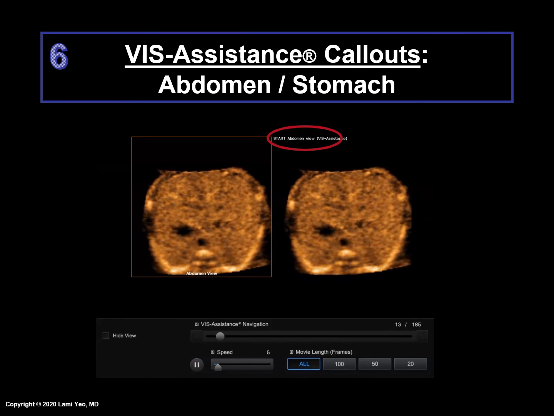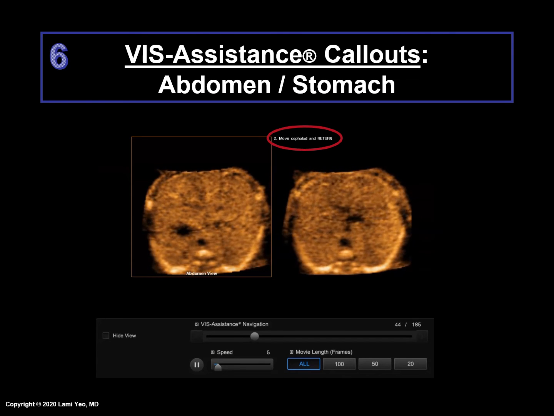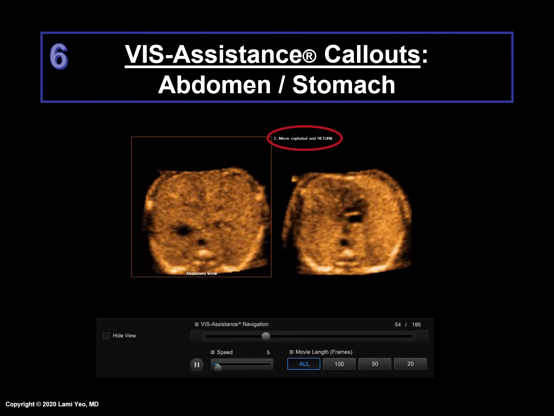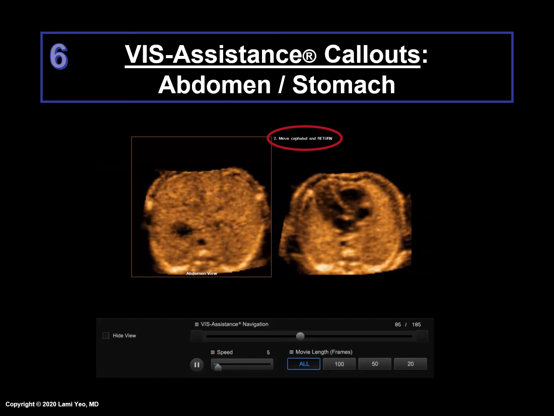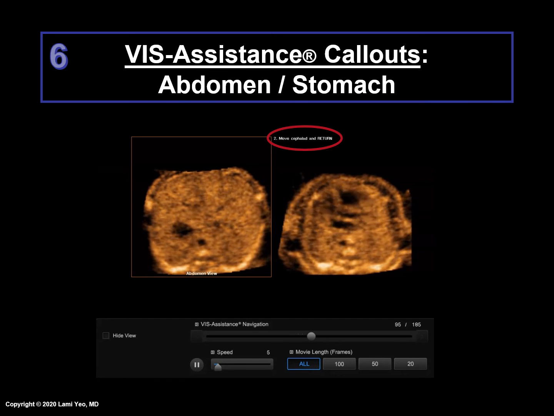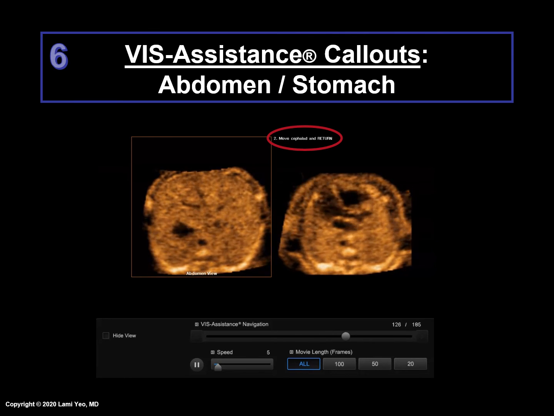Here is an example of the abdomen-stomach VISA. The first call-out states move caudad and shows another abdomen-stomach plane. The second call-out states move cephalad and return and shows the 4-chamber view, the 5-chamber view, and may show the 3-vessel view, which it does in this particular fetal case.